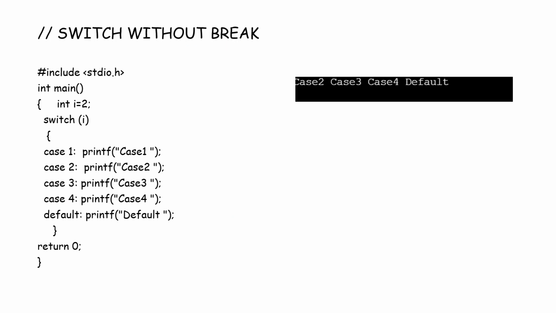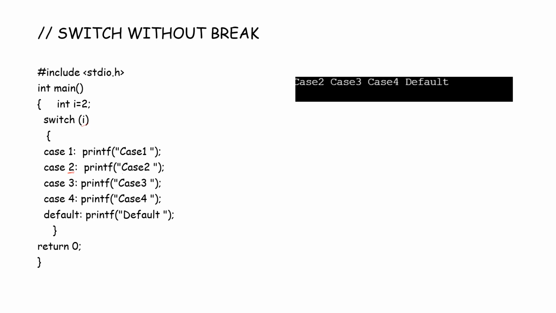Consider a switch statement without a break. Now what happens if we do not include a break statement after each of the cases? Now here I have declared a variable i which is initialized to 2. Now I pass this i to the switch. Now here i gets compared with each of the case constants. So there is a match here.